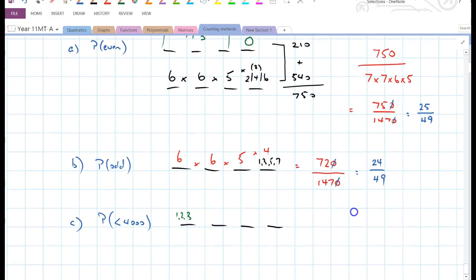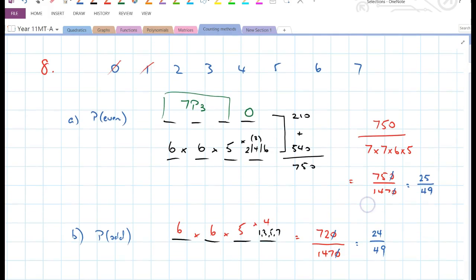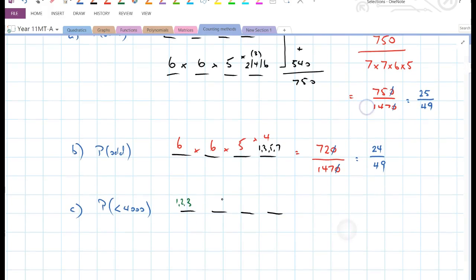My options for spot 2, once I take out one of those options, is I've got any one of the other options available to me, so I've got 7 options available to me in this spot here, and 6, and 5.